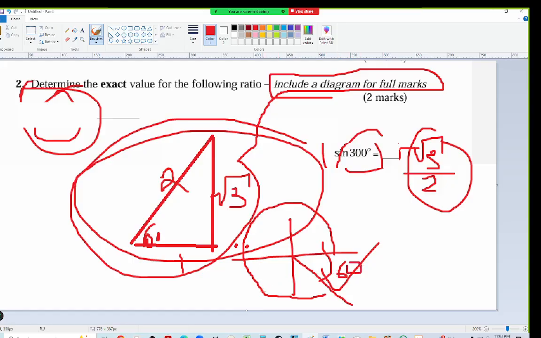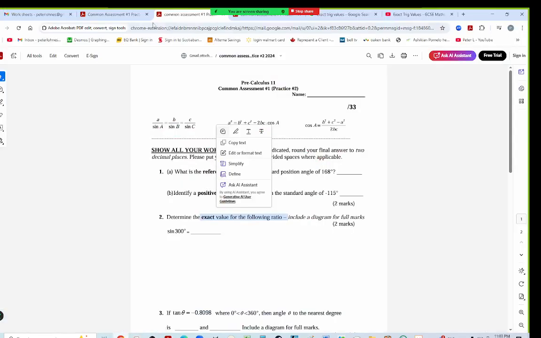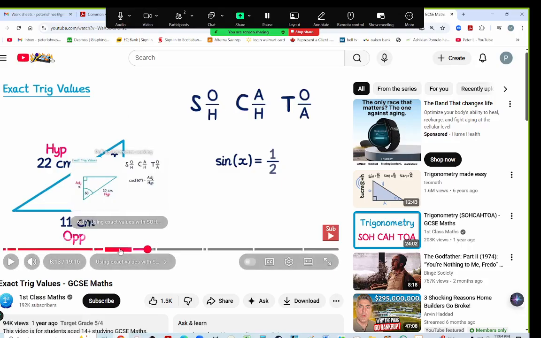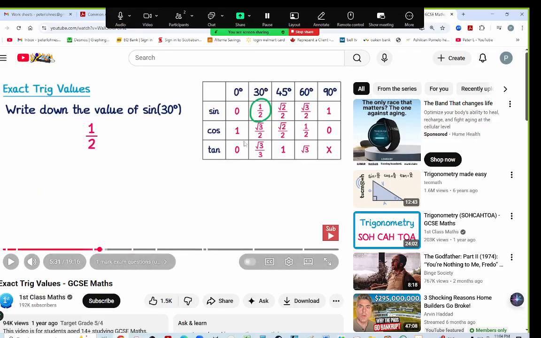Now it could be that he also might give you the table. Always page through the whole test and see if he gives you some tables in the back. It could be that in the back he gives you these tables, the exact values. So 60 right there for sine is square root of 3 over 2. Once you do all your little special triangles, you can make a table like this.